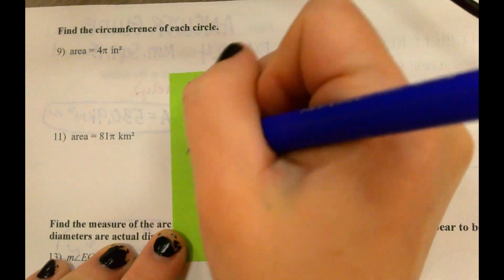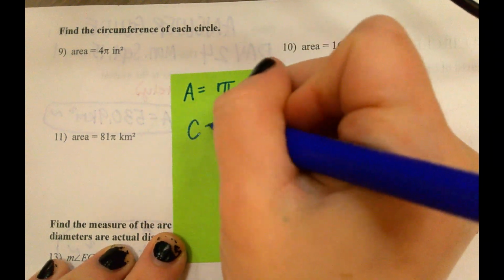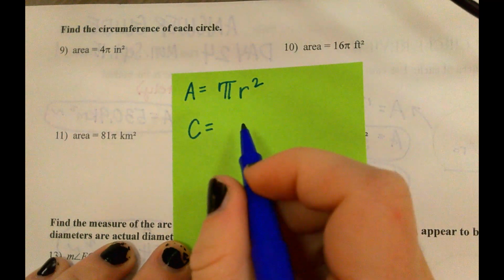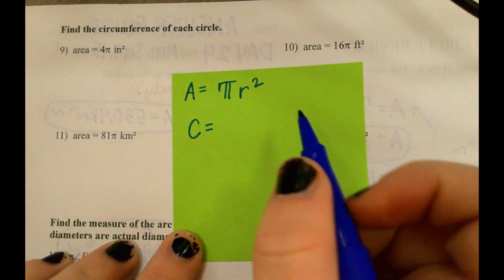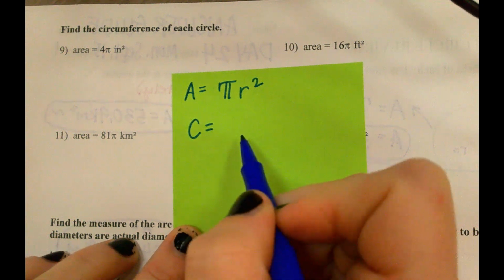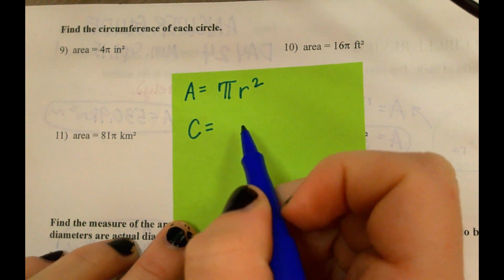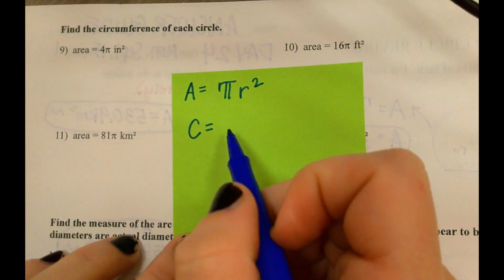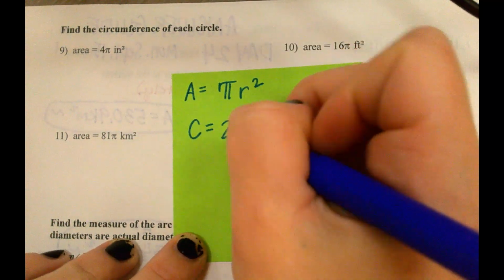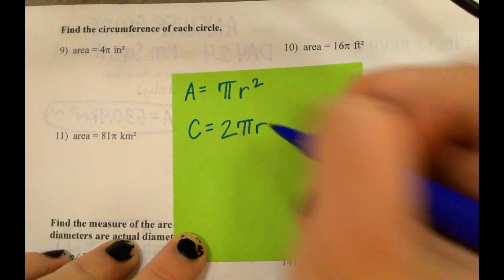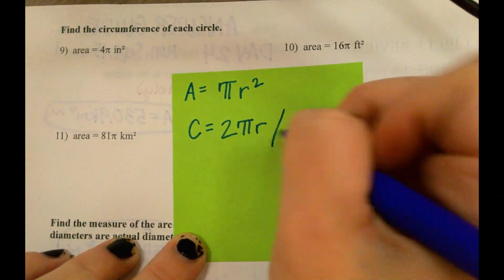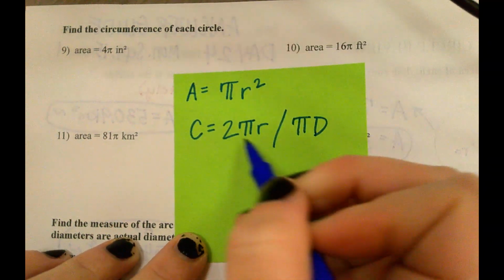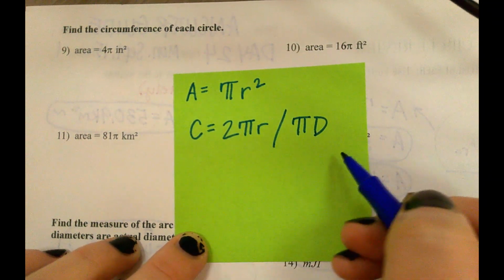What is my circumference formula? 2 times pi times r. Good. 2 times pi times r. Or you could also just do pi diameter. It's good to know that both ways exist.